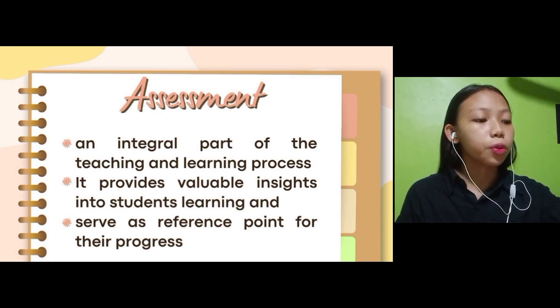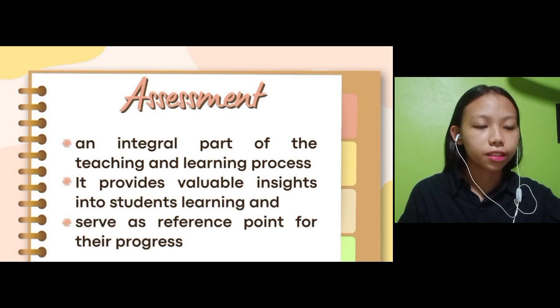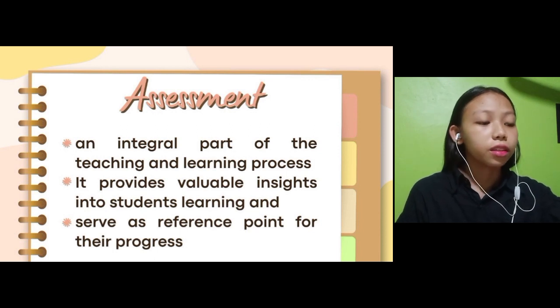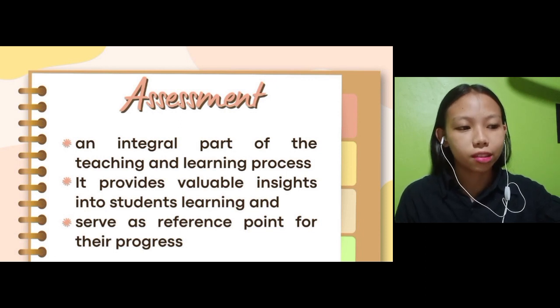Next, it provides valuable insights into students' learning and serves as a reference point for their progress. Assessment provides the teachers valuable information about the learning needs of the students.